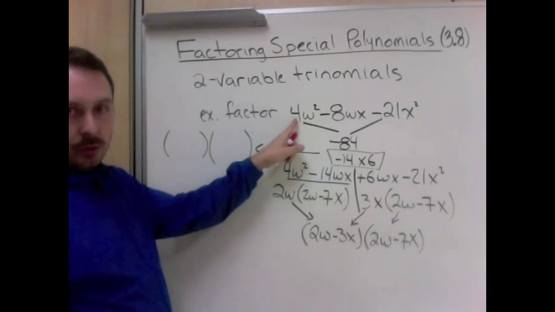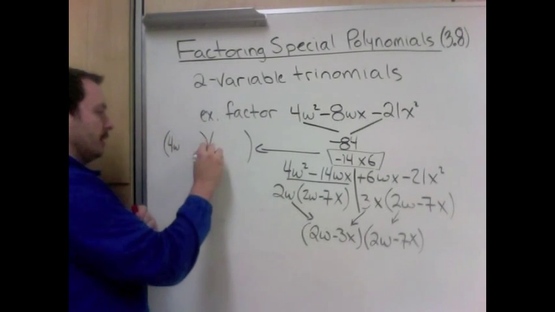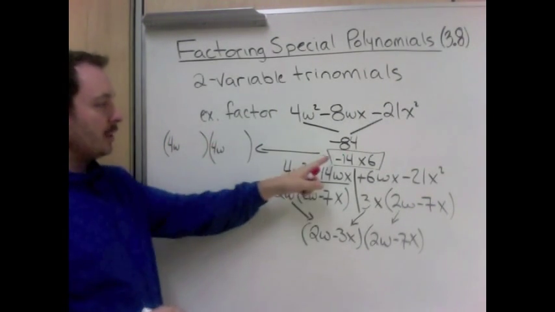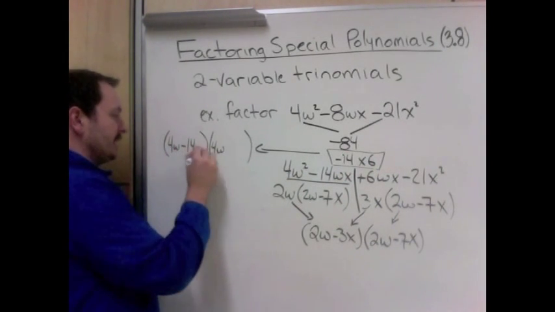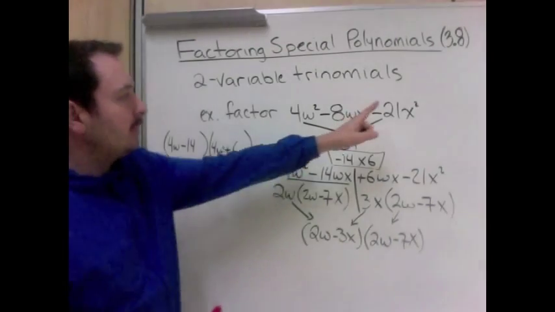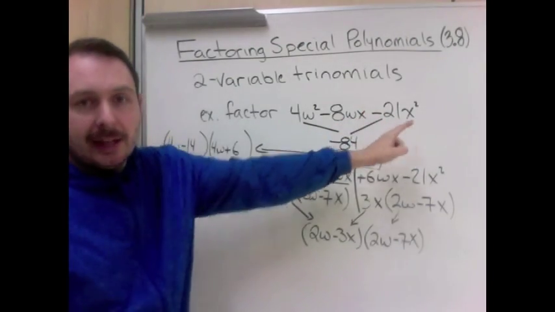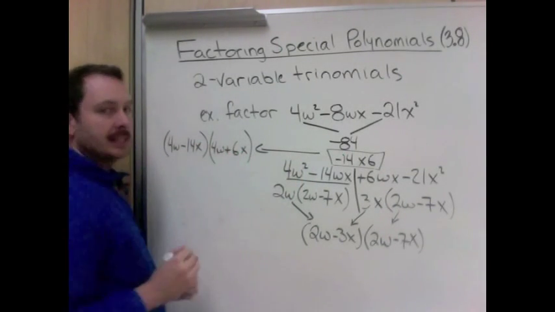This value without the squared goes at the front. Now we're going to use minus 14 and 6. So we put in minus 14 and 6. The difference now, though, is this extra variable goes at the back of each. So I need both of them to have an x.